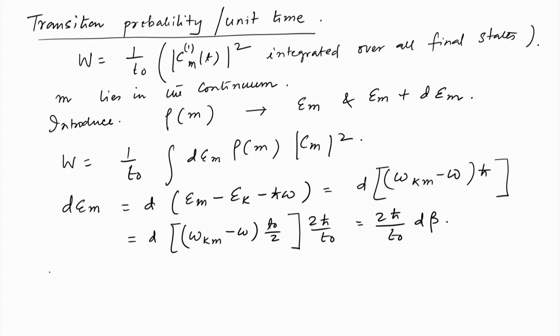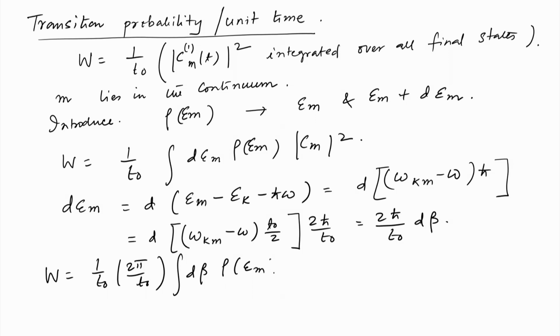So, the transition probability per unit time becomes equal to 2π/T_0 ∫ dβ ρ(ε_m) |A_km|². A_mk and A_km are the same, as I said, since they are mostly Hermitian.